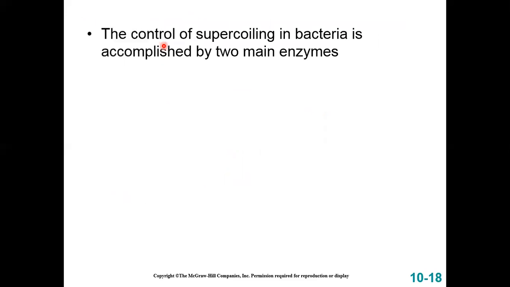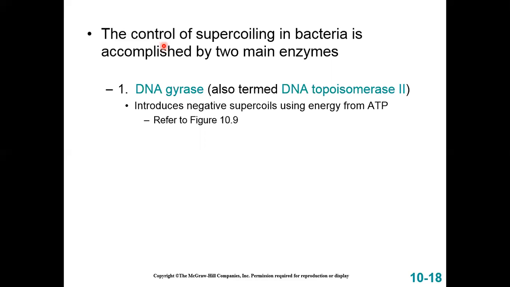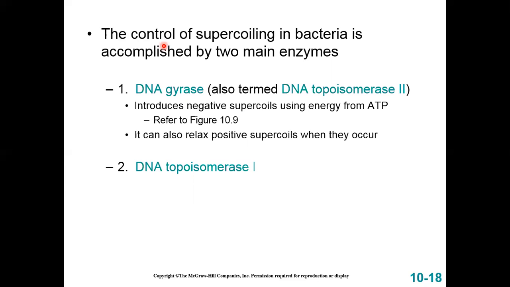The control of the supercoiling in bacteria is accomplished by the main enzyme DNA gyrase, also termed DNA topoisomerase 2. This enzyme introduces negative supercoils using energy from ATP. It can also relax positive supercoils when they occur.